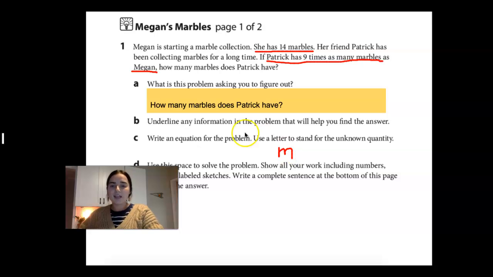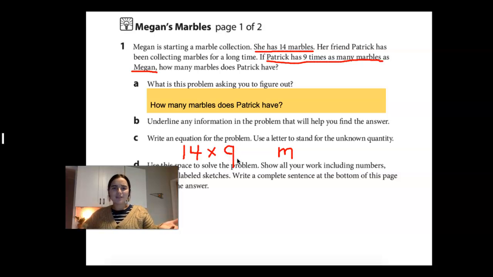Okay? Now, this problem, it says that Megan has 14 marbles and Patrick has 9 times as many. That keyword times as many tells us that it's multiplication. So we're going to set it up like this, 14 times 9.